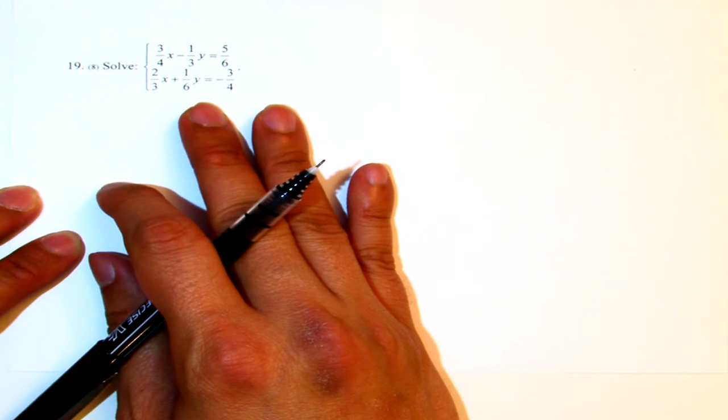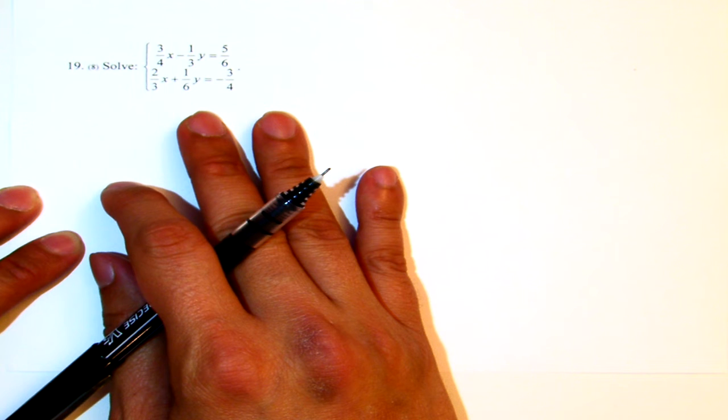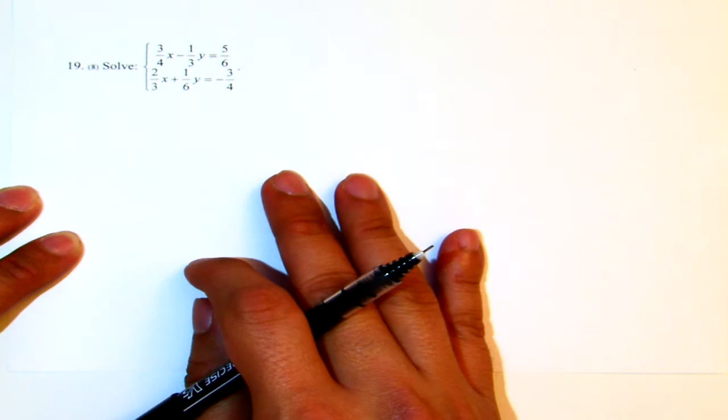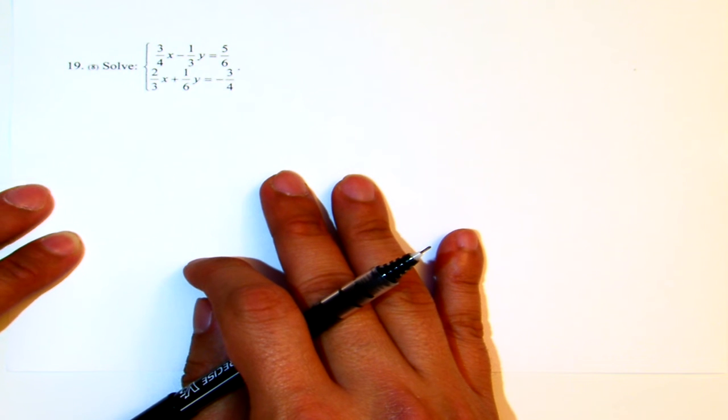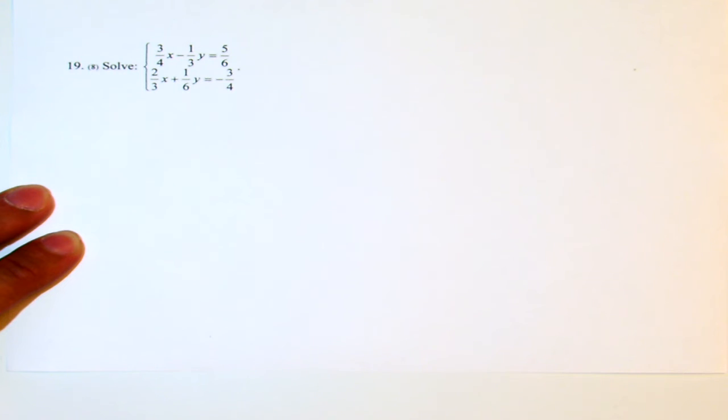Now let's see. This system of equations, if we can calm down and think about this, the issue is, again, the fractions. Now, instead of skipping this question, let's think what we can do to each one of these that will simplify the situation.